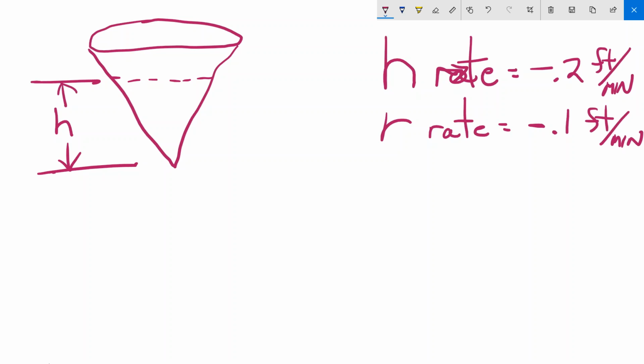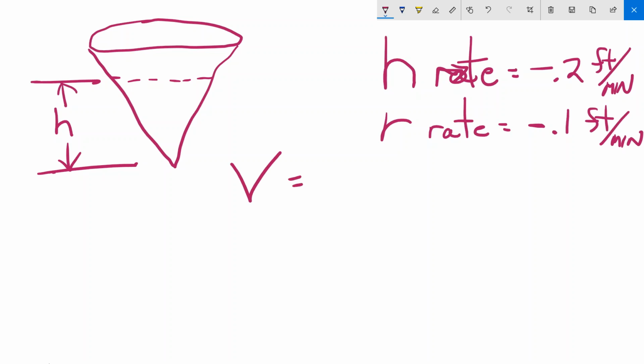When you're doing a related rate problem, it's usually in terms of time. What I'm attempting to show here is that the rate of the volume change is going to be a function of the rate of the height and the rate of the radius change. So it's the volume function that we're going to be dealing with.